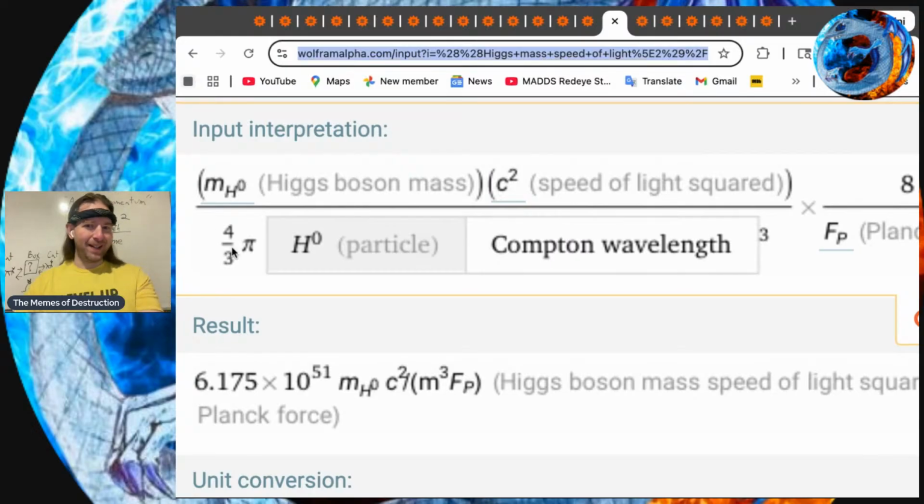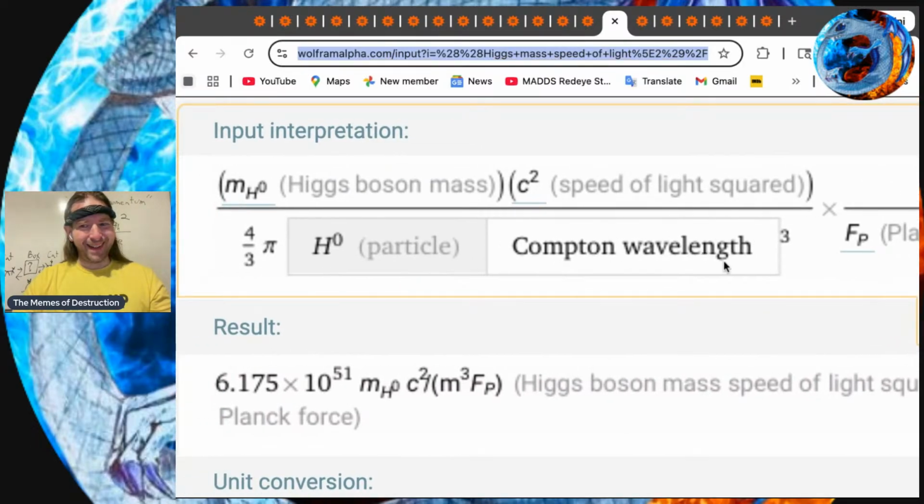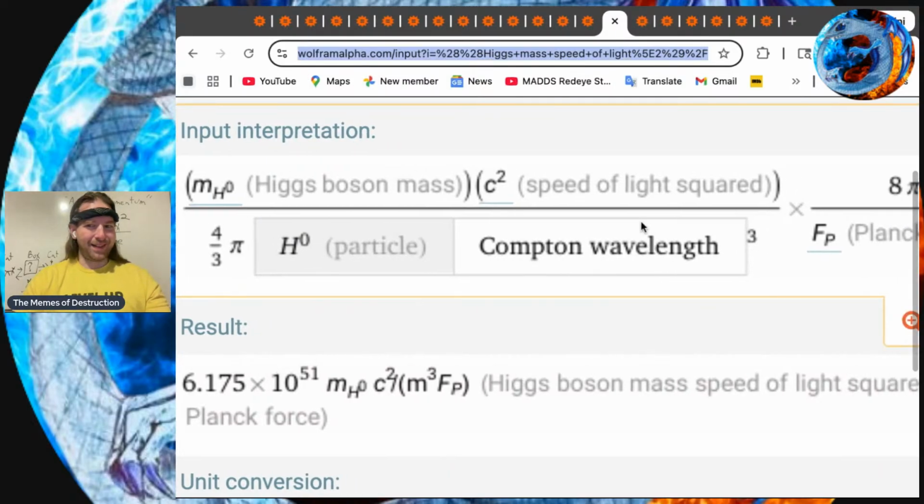We use 4/3 pi r cubed, with the Higgs Compton wavelength as the radius, cubed to get our r cubed.